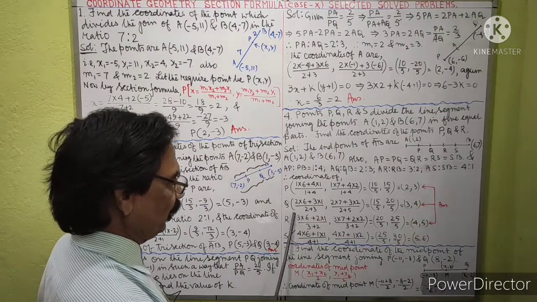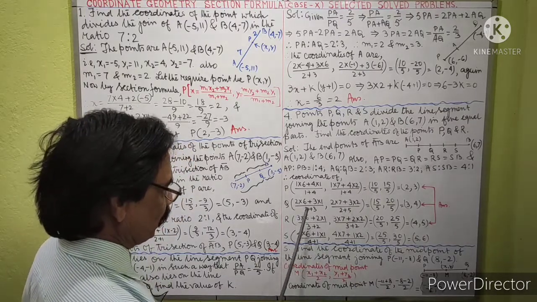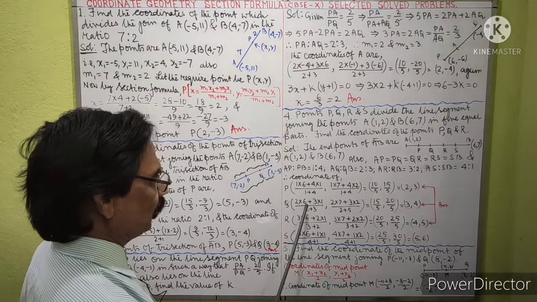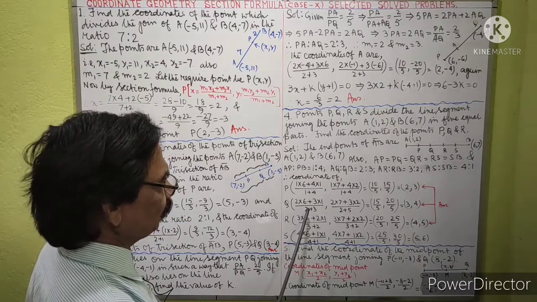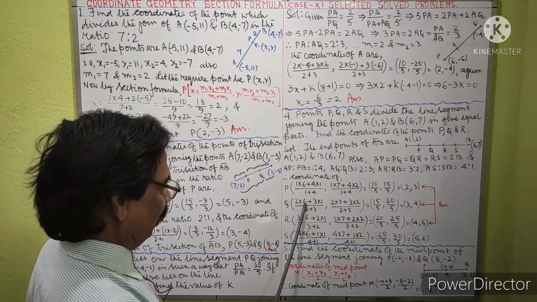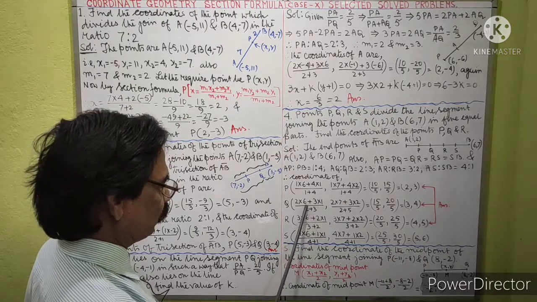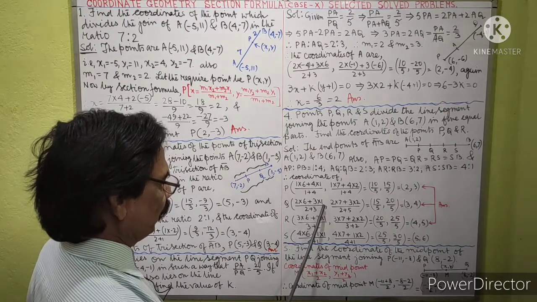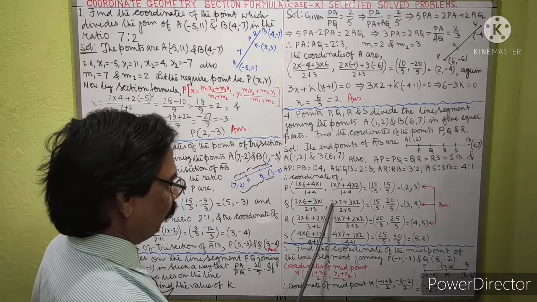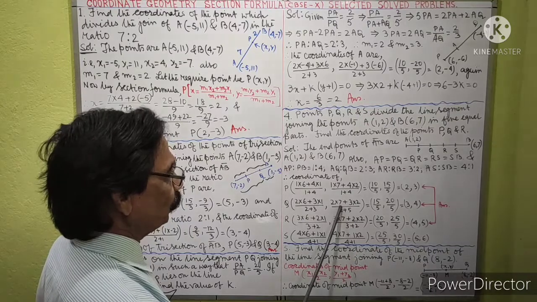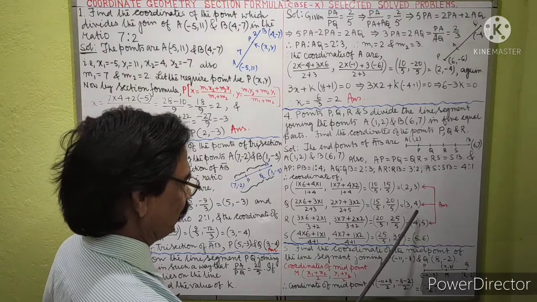Similarly, the coordinate of Q will be found the same way. The ratio is 2:3, so it's 2 into 6 plus 3 into 1 by 5, and similarly the y-coordinate, which gives 3 and 4.